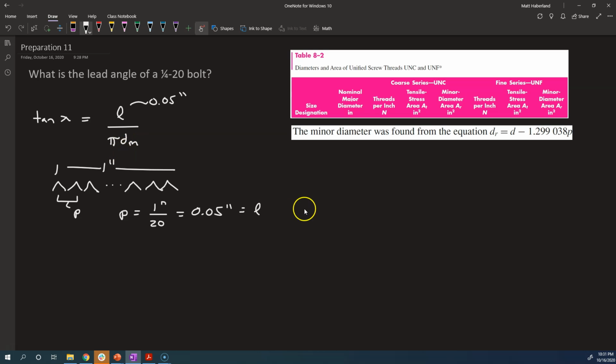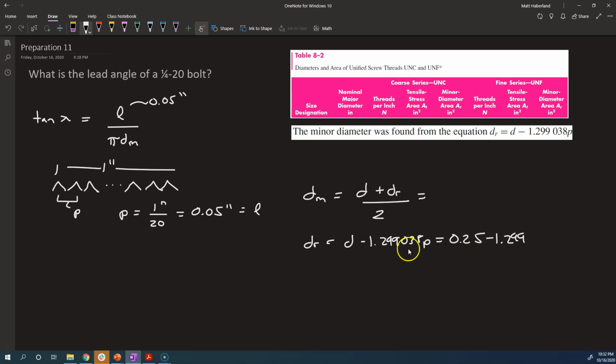dm is the mean diameter. Now remember, that's not minor, that's not major. dm is the major diameter plus the minor diameter, or the root diameter, divided by 2. Well, we've got d, and then let's actually calculate dr separately. dr is d minus 1.299 times p.